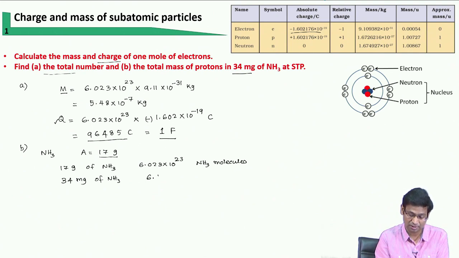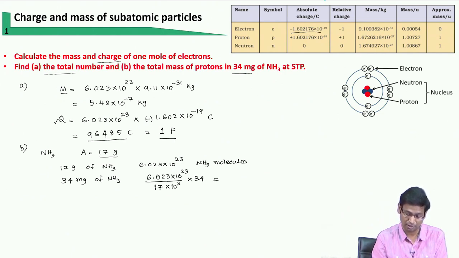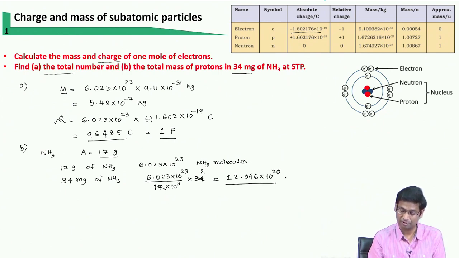To get this, you will see 6.023 into 10 to the power 23 divided by 17 gram. I am expressing it in terms of milligram, and in 34 milligram we will have this many ammonia molecules, and if you solve it, it will turn out to be this. So, this many ammonia molecules are present in 34 milligram of ammonia.